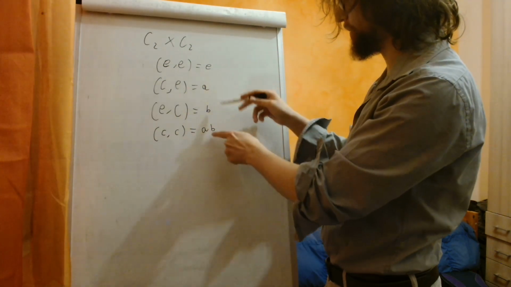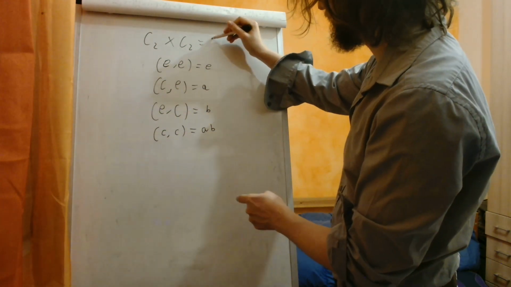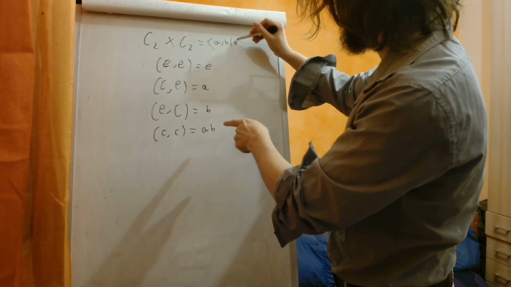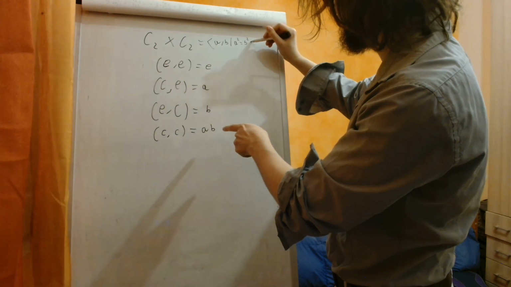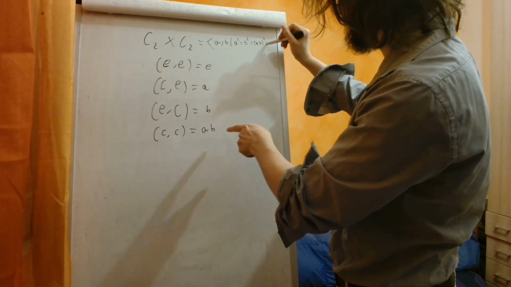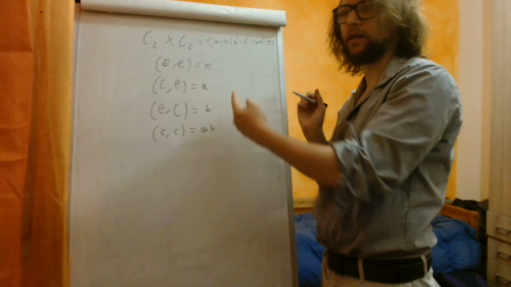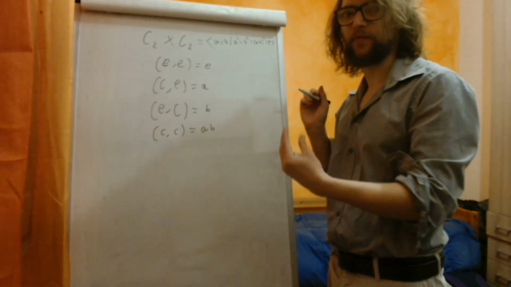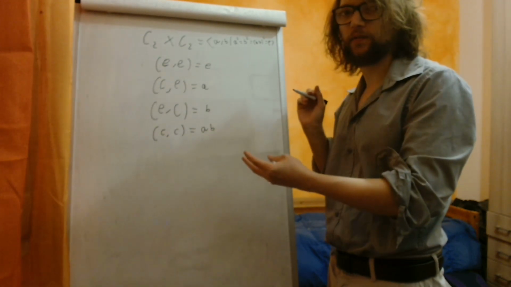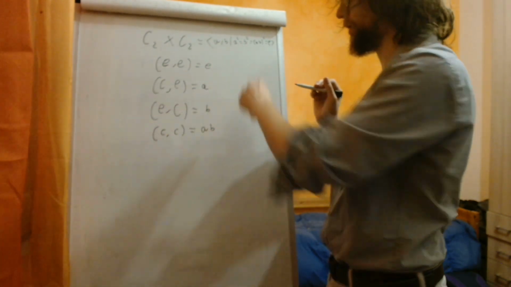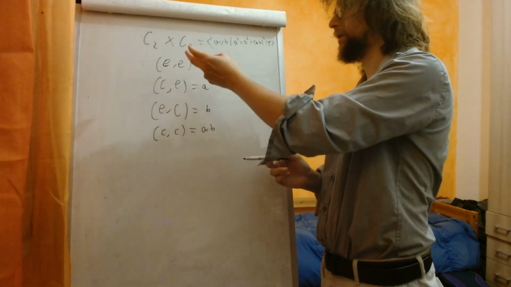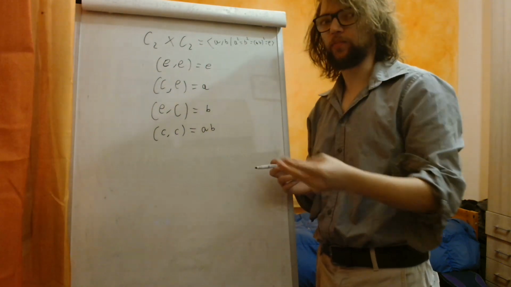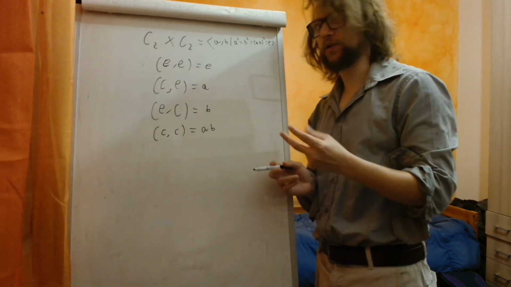We can write them like this, and this is the set generated by A and B with A squared equals B squared equals AB squared equals E, and if you remember, this is one of the two groups of order 4 we had found before. One was the cyclic group of order 4 and the other one was this. Of course, this can't be the cyclic group of order 4 because 2 and 2 are not co-primes. The highest common factor is 2, it's not 1.